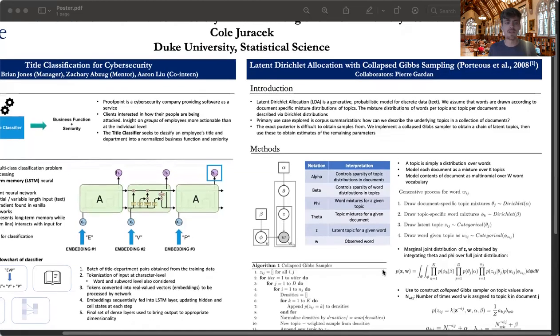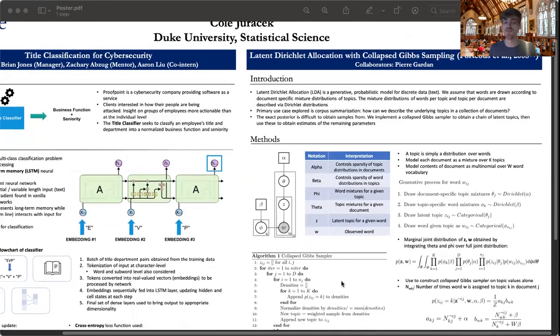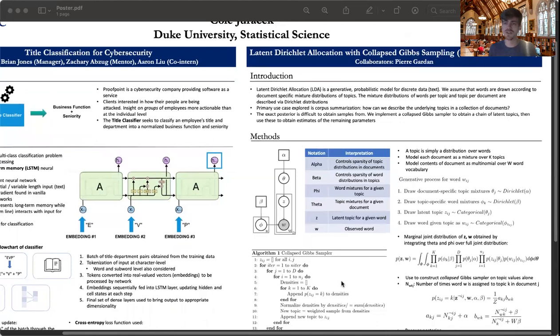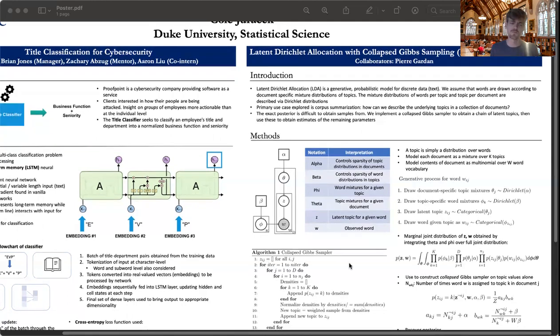So with all of that being defined, we're going to move on to the method section, or essentially what we're trying to do with this. For LDA, as with most Bayesian models, we'd like to compute the posterior distribution of all of these latent parameters, so the phis, the thetas, and the z's, given the observed data, or all of the words in our documents.